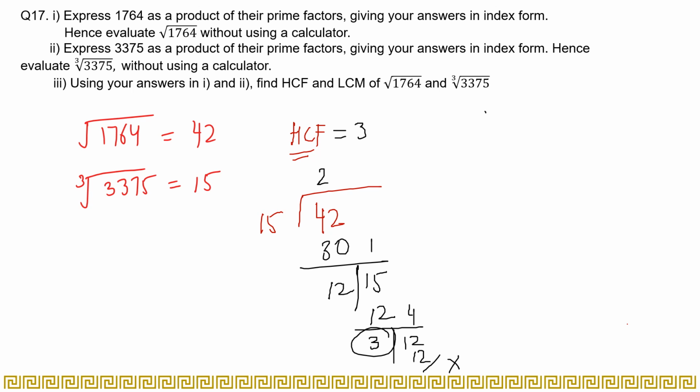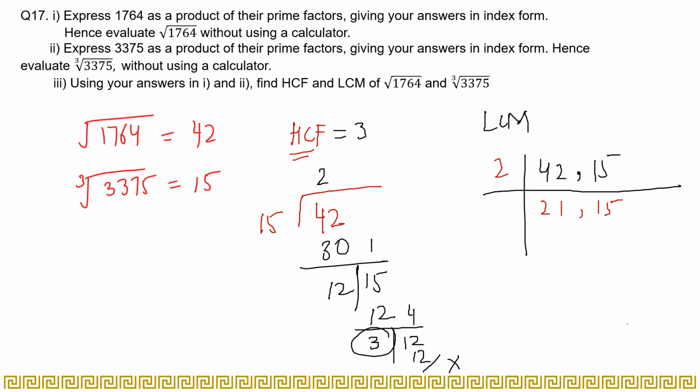Let's find the LCM. Let's do it by the prime factorization method. So we have to find it for 42 and 15, right? We can start with 2. 2 2s are 4, 2 1s are 2, and 15 as it is. Then we can do it with 3. 3 7s are 21, 3 5s are 15, then 7 1s are 7, and then 5 1s are 5, right?